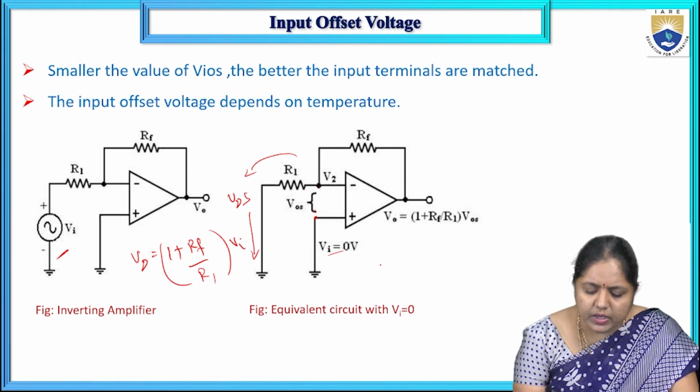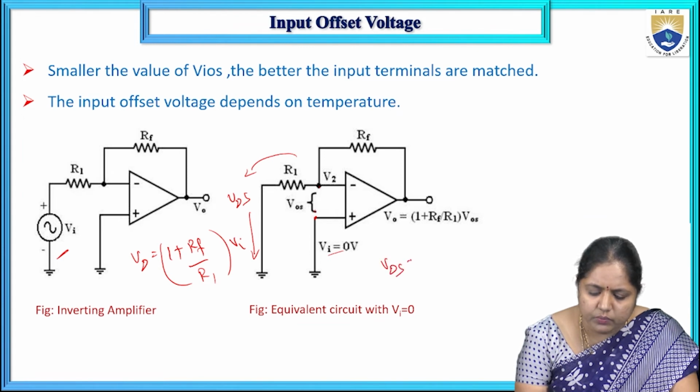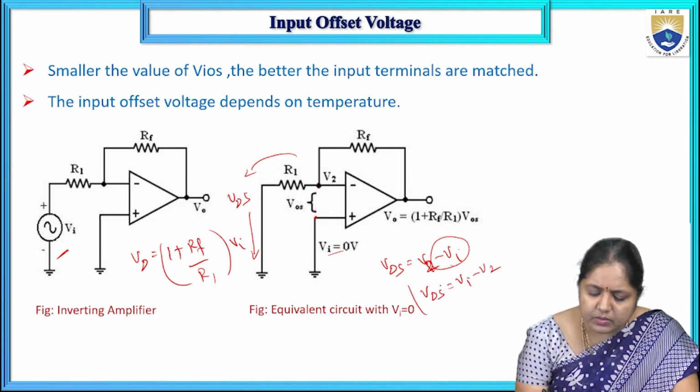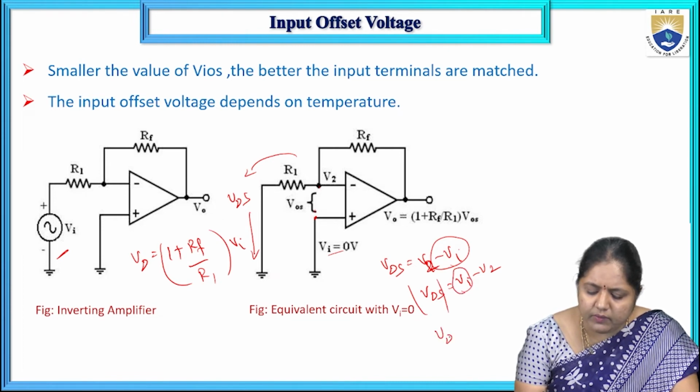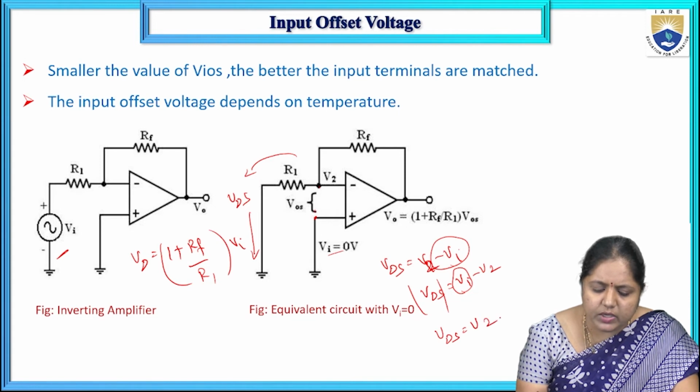So here VOS equal to V2 minus Vi. If I take Vi value equal to 0, or VOS equal to Vi minus V2, if I take modulus, I will get VOS equal to simply V2 itself.